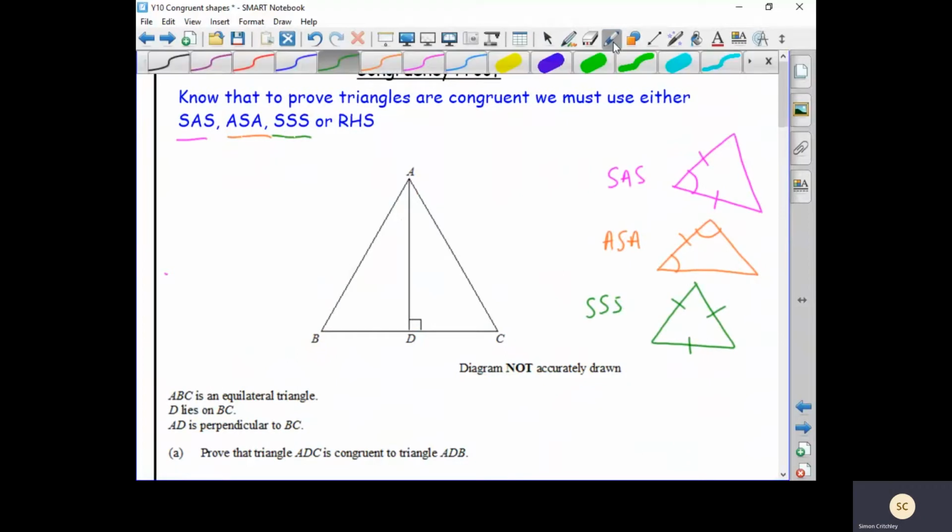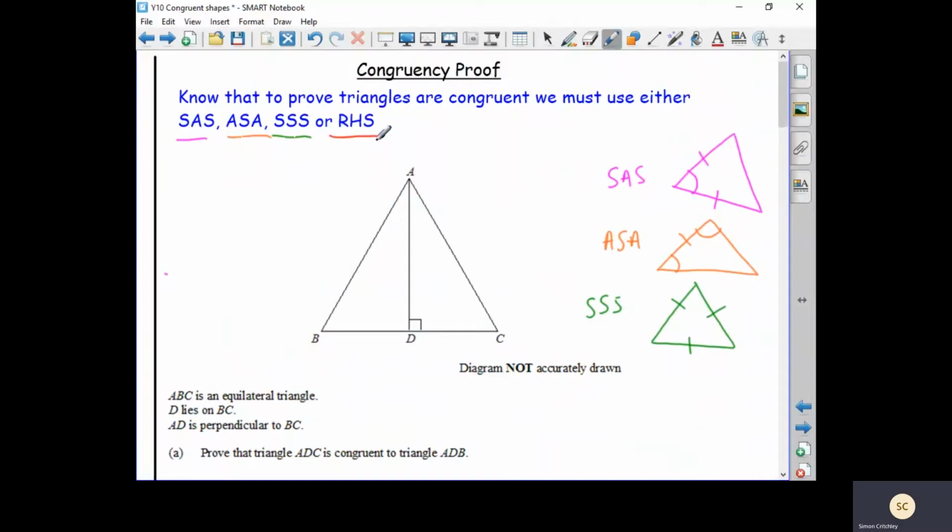And the last one that you can use to prove that 2 triangles are congruent is right angle, hypotenuse, side. So if you know 2 triangles are both right angle triangles, you know the length of one of the sides and you know the length of the hypotenuse are the same, then they must also be congruent.